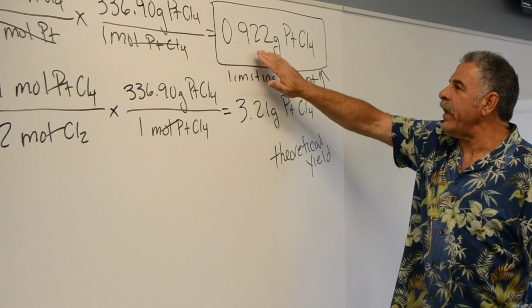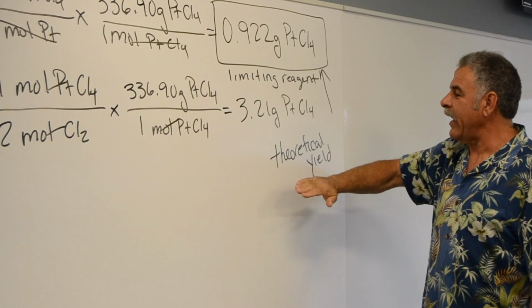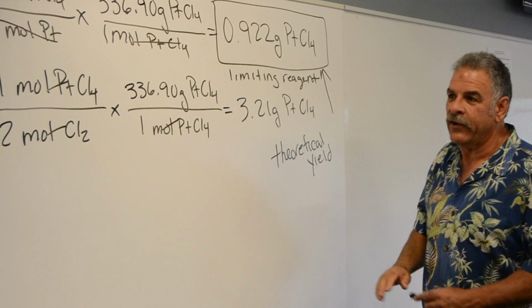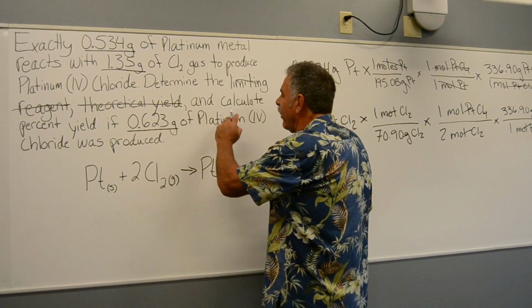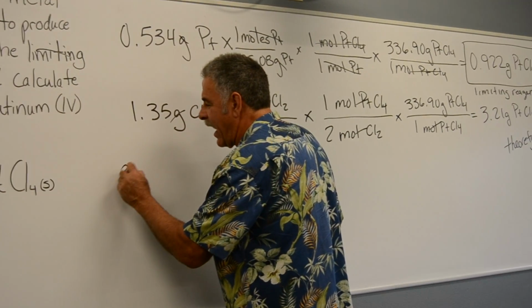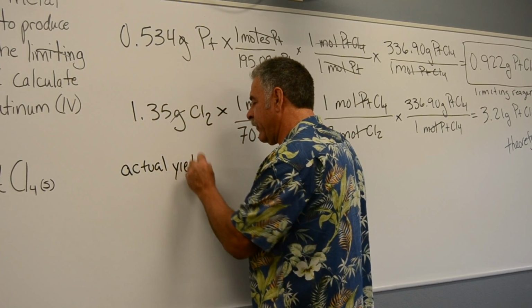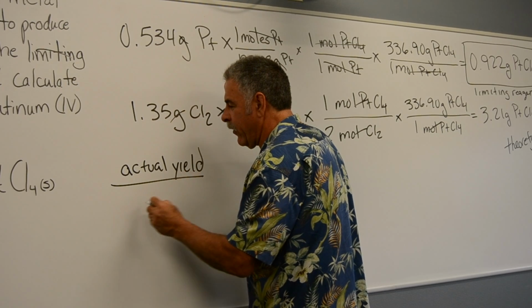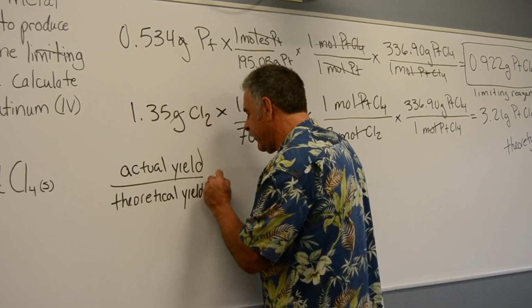So 0.922 grams of platinum chloride is the limiting reagent and also the theoretical yield. So we can cross that off, which we did, and we can calculate percent yield, which is the actual yield over the theoretical yield times 100%.